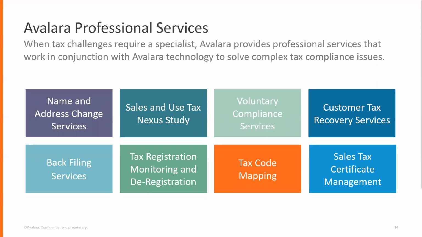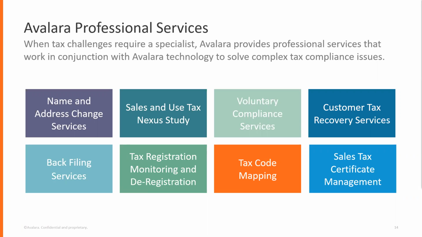And then outside of just the software piece, Avalara offers a number of professional services. Two of the big ones that come up most often are a Nexus study. We talked about the different kinds of Nexus earlier in this presentation.